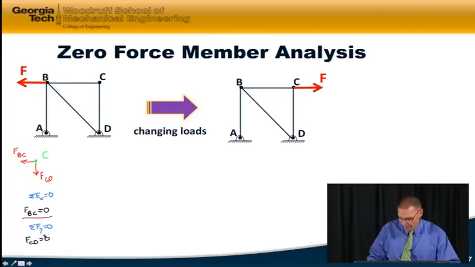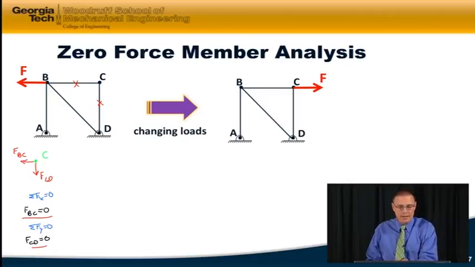So by using the method of joints, I found very quickly that these two members have zero force at this point. Let's go ahead and analyze the same structure now for a different loading.